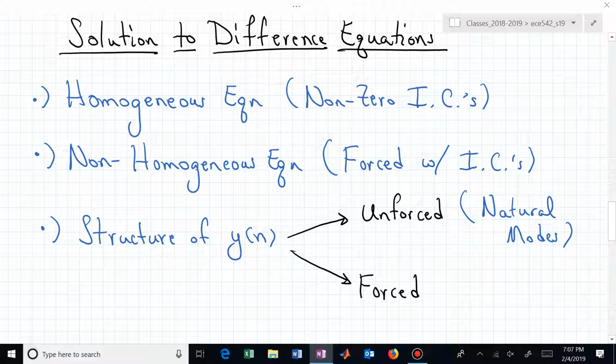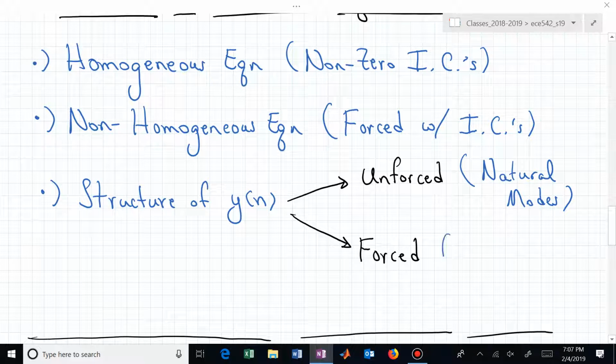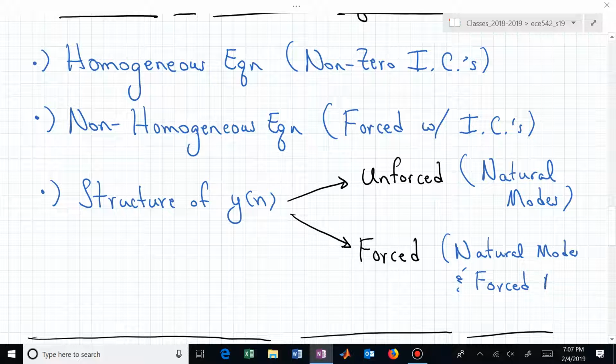That now gives you the structure of your output response in an unforced situation. If you're in a forced situation, you combine those natural modes with what? And the structure introduced by your forcing function or your excitation. So now you have the natural modes and the forced modes.